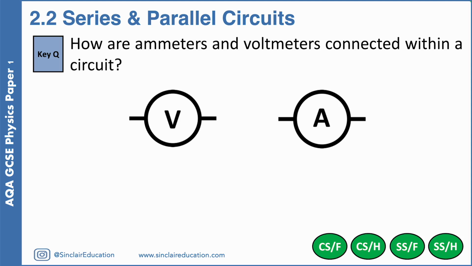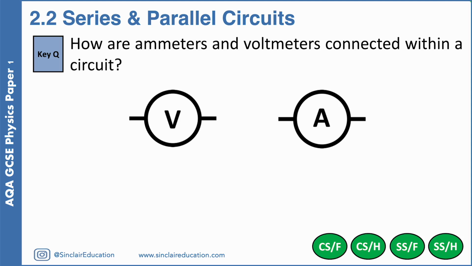A really common 3-mark question is you might be given a circuit and asked to draw an ammeter and voltmeter into it. What the examiner is going to be assessing for those 3 marks is, do you know your circuit symbols for ammeters and voltmeters? They'll give you a mark for that if you know both. Do you know how to connect an ammeter?